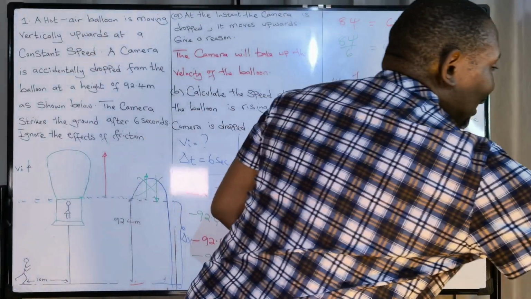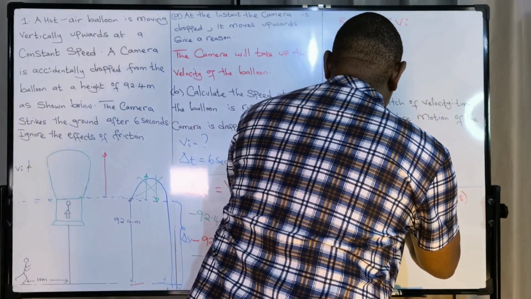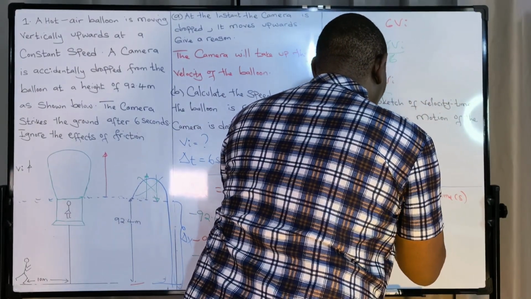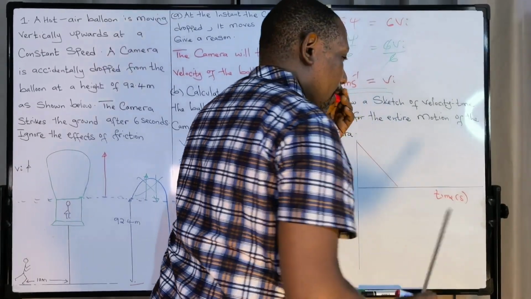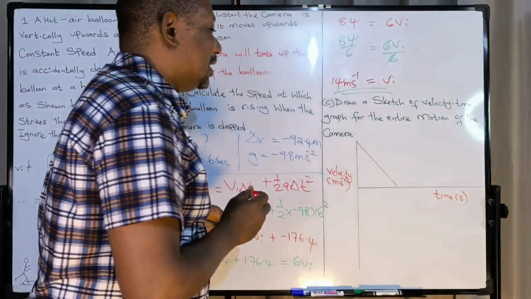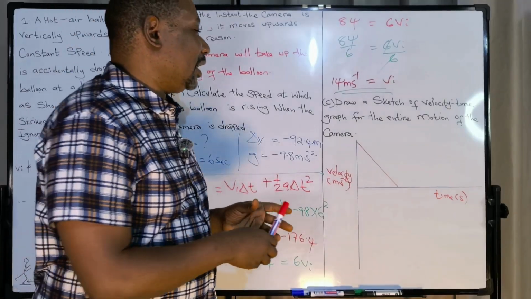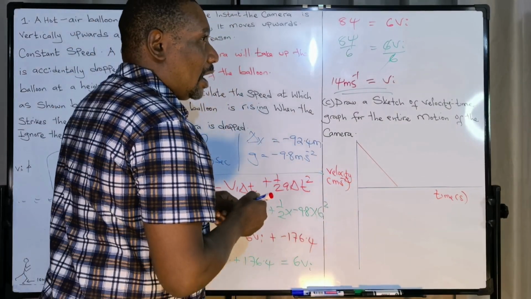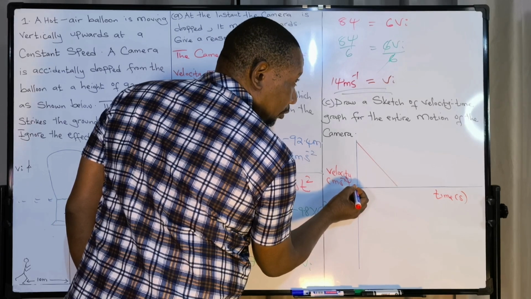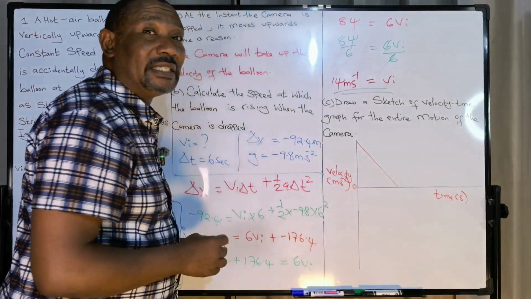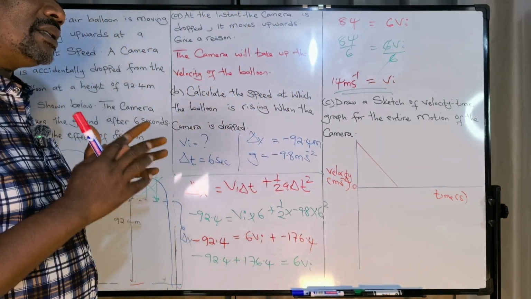So this is upwards till it reaches maximum height. What do we say at maximum height? The number here is 0. Maximum height implies 0 velocity.